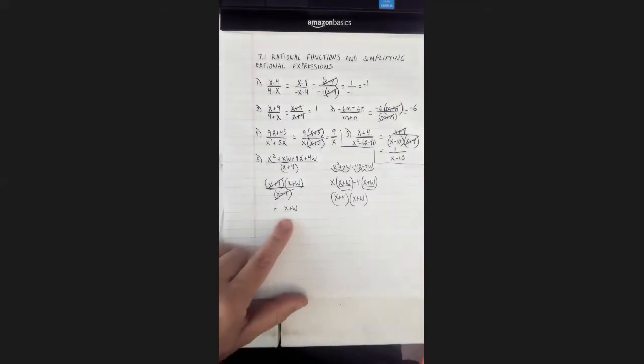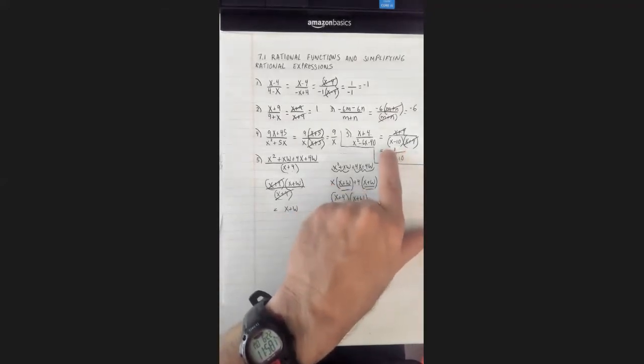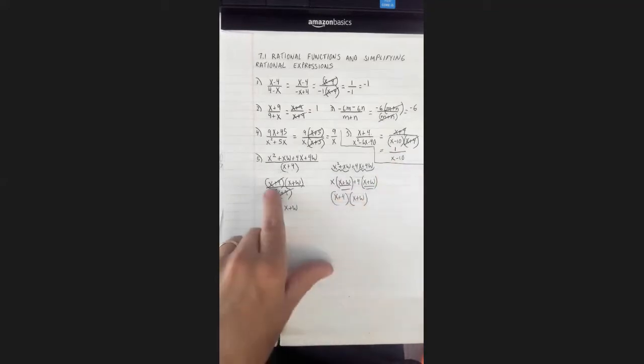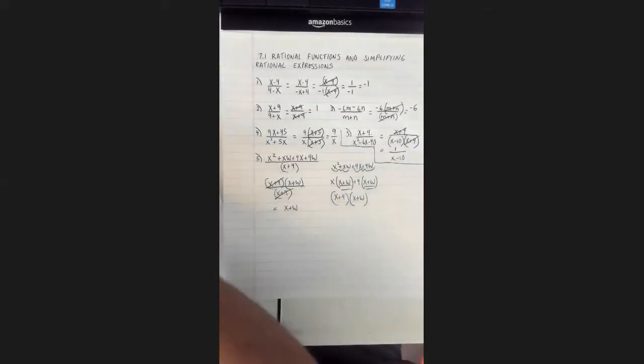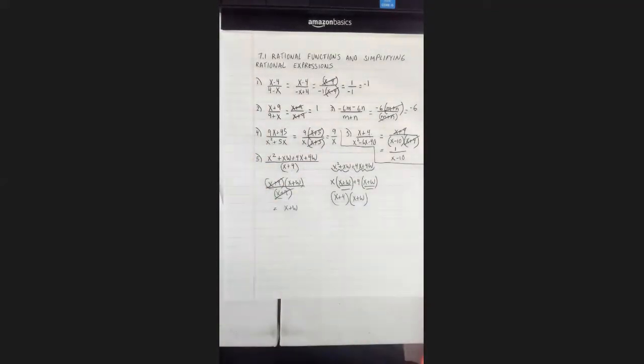We don't have to write x plus w over 1. If it's in the top part of the fraction, if it's in your numerator, yes, we have to put a 1 there. But if the bottom cancels out, we don't have to put it over 1. I don't think it'll mark you wrong if you did, but it's just good practice.